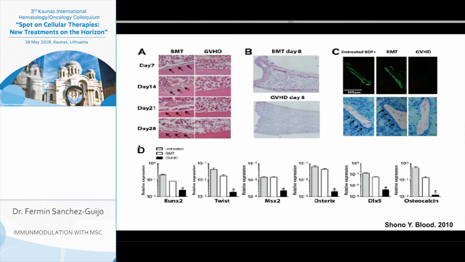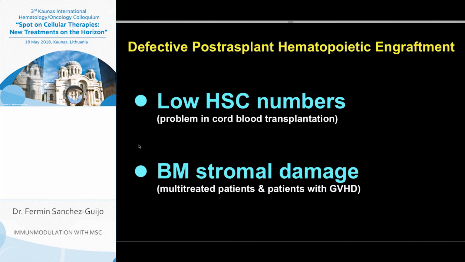So again, this may be a cause of cytopenias in the setting of GVHD. So after the transplant we have, on one side, the stromal damage induced by chemotherapy, and in those patients with GVHD, this concept of bone marrow GVHD.